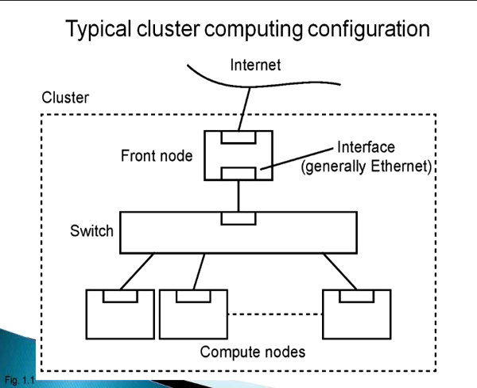Imagine the compute nodes, you can see downstairs. Then switches are there, and the interface, generally Ethernet or a different kind of node. So, this kind of cluster computing configuration is connected through the internet, and these cluster computing techniques are being used.